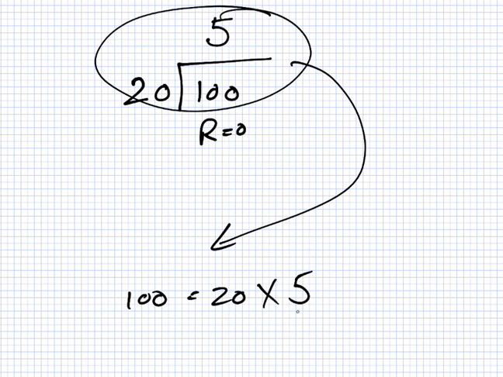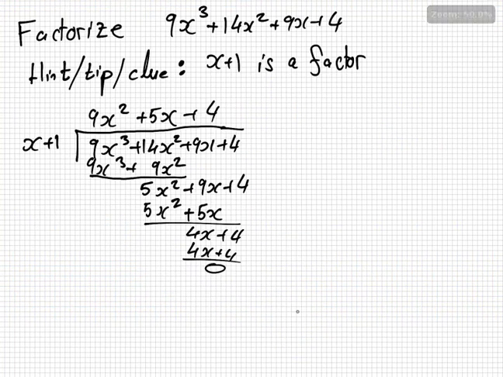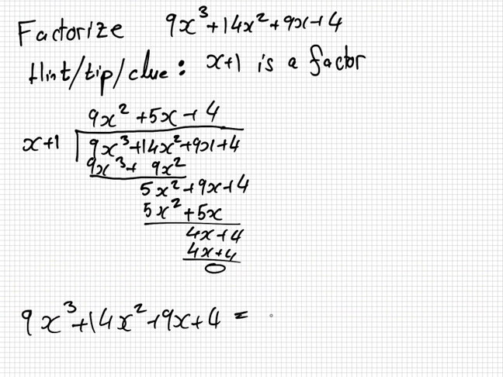True? So you can do the same thing here. You can say 9x cubed plus 14x squared plus 9x plus 4 equals x plus 1 times 9x squared plus 5x plus 4.